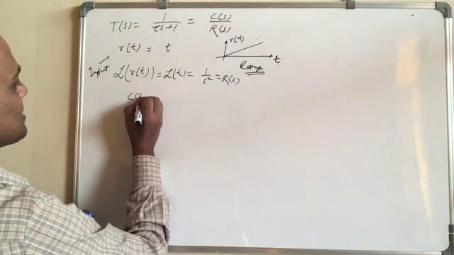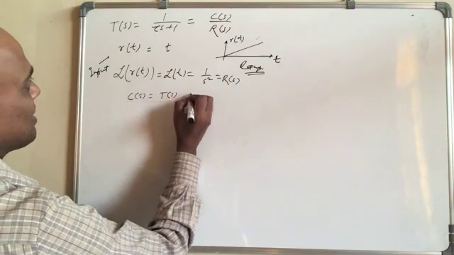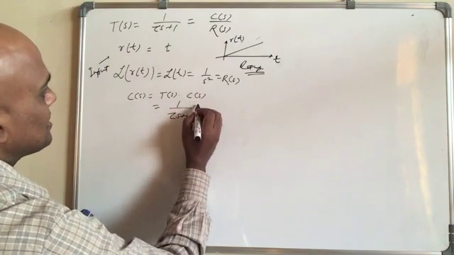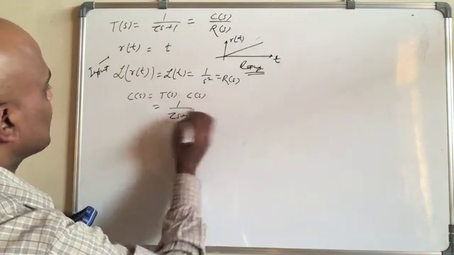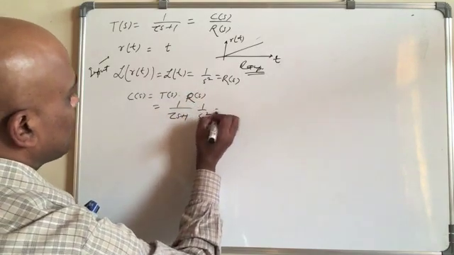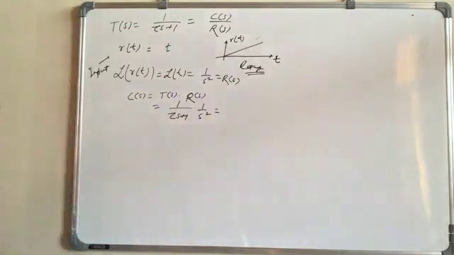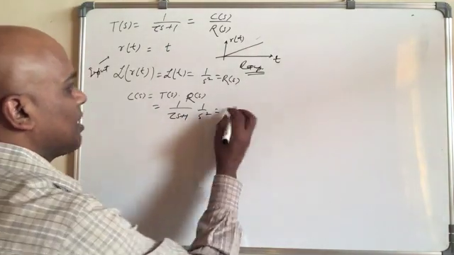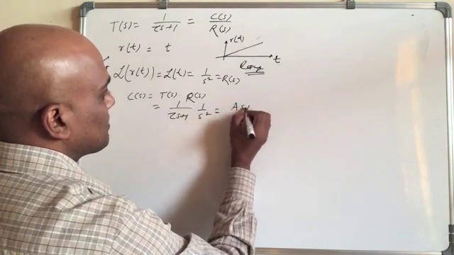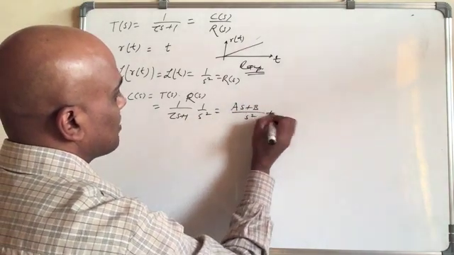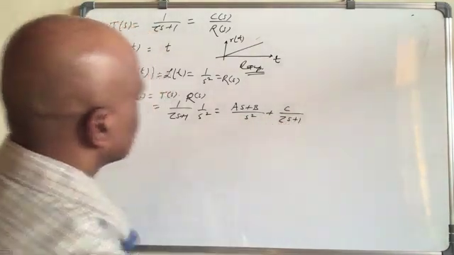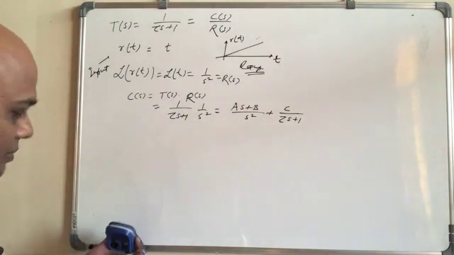So Cs will be equal to Ts multiplied by Rs, where Ts is 1 over tau s plus 1 and Rs is 1 over s square. We write this as As plus B over s square, plus C over tau s plus 1.